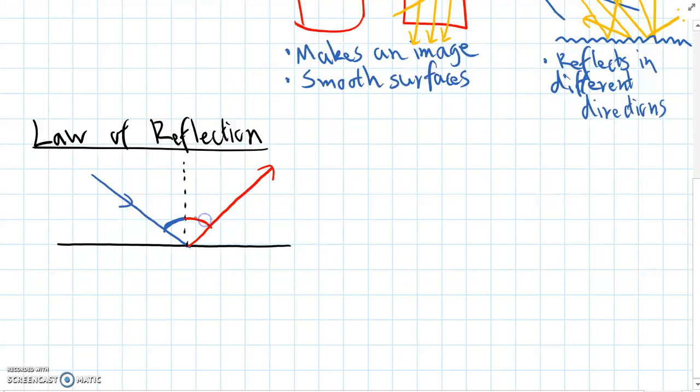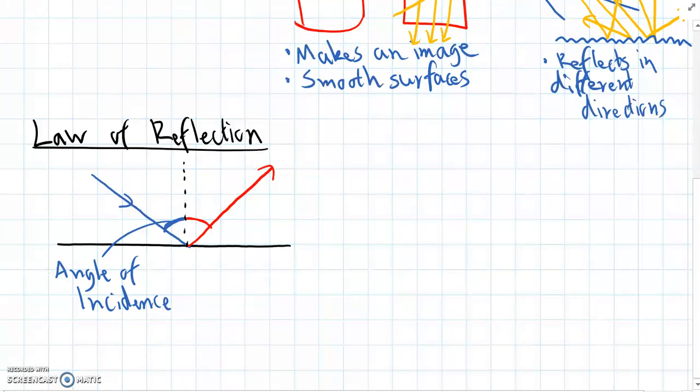So the blue angle here is the same as the red angle. And we give these names. The angle coming in of where the light hits the mirror, this is called the angle of incidence. And the angle that the light makes when it leaves the mirror is called the angle of reflection.